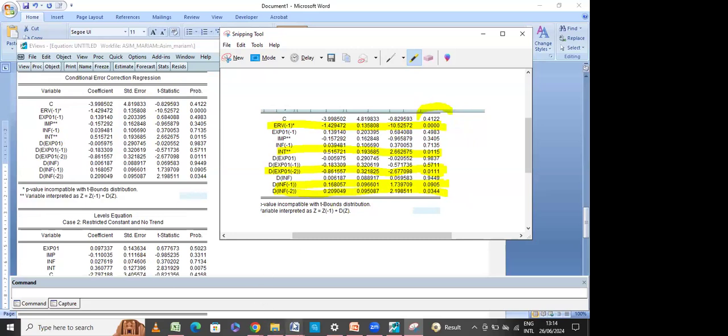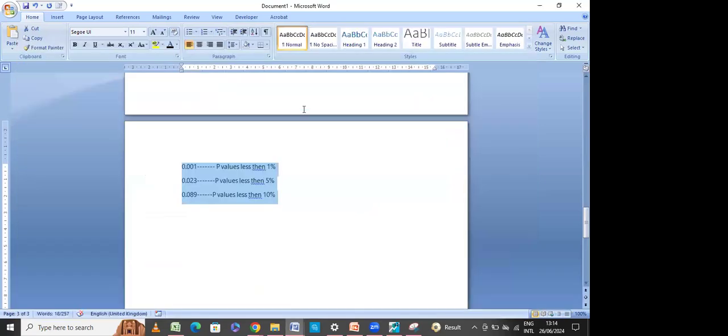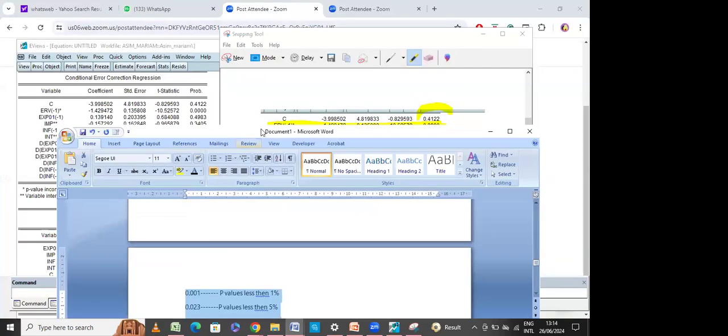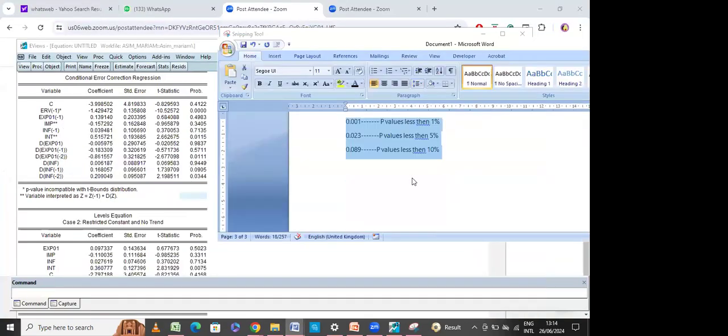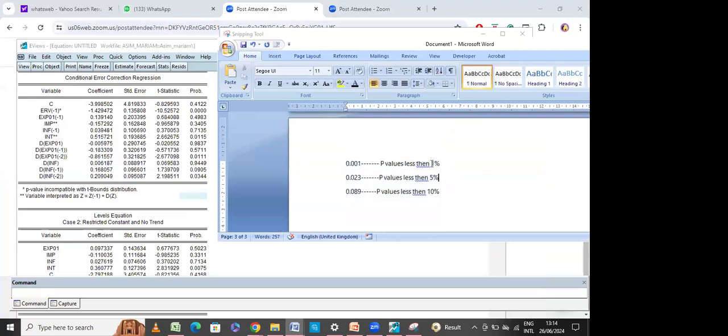But before that, I need to select my judgment level, my criteria of significance. Either I am going to take criteria based on 1%, or 5%, or 10%. It's totally dependent on my own judgment.